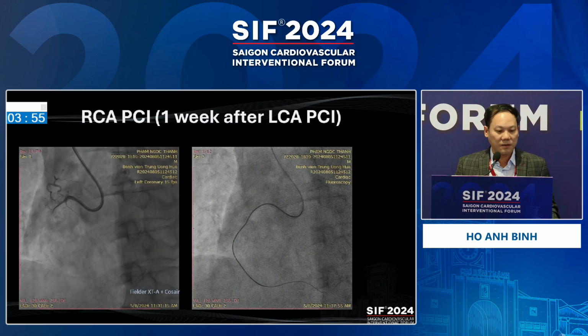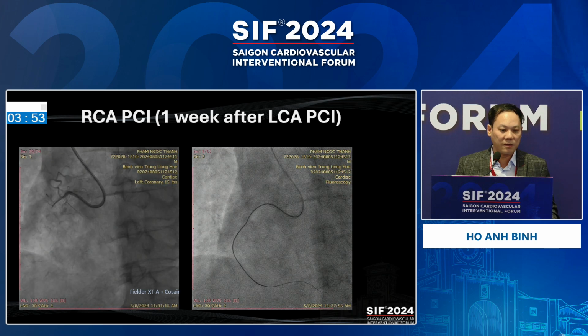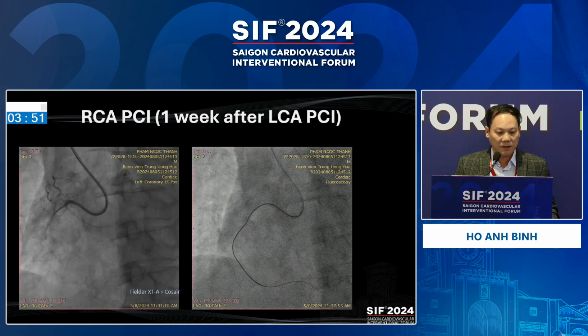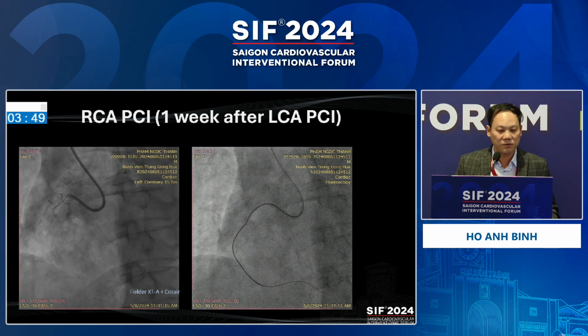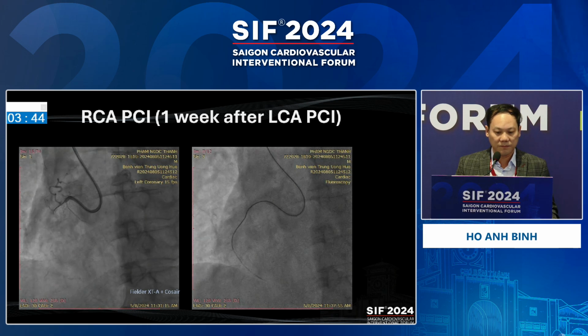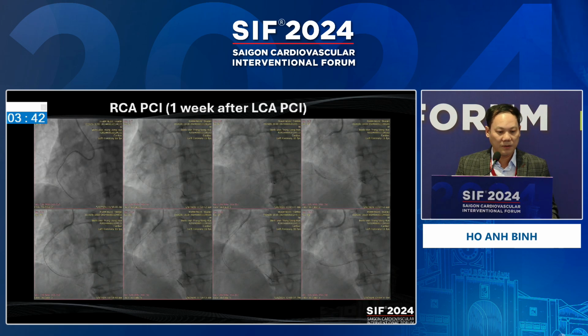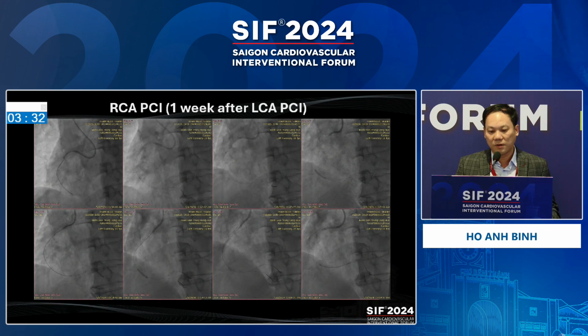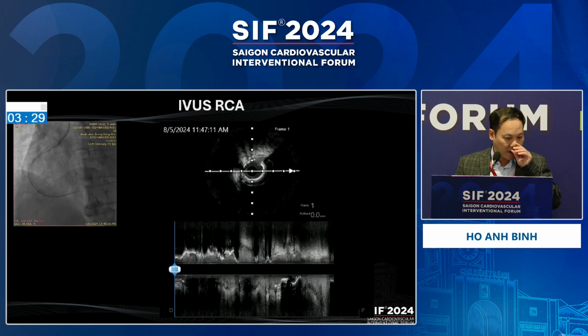One week later, we do the CTO at the right side, and we use the Fielder ST and Corsair to do that. We also use the extension guide to help with the long lesion.